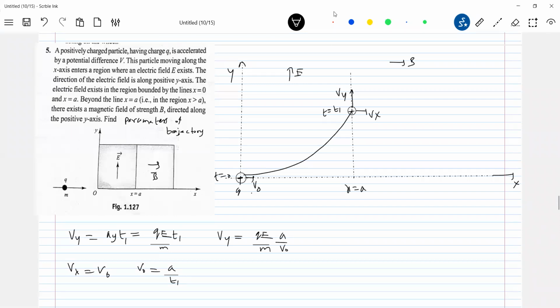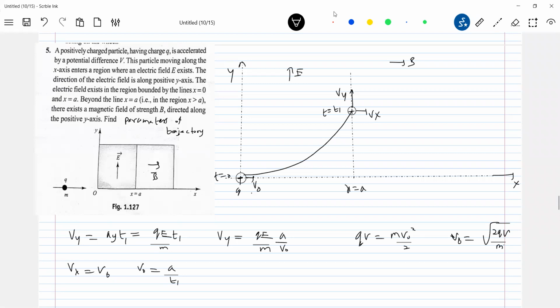He has given potential difference. So qV should be equal to half mv square. Because when it passes through a potential difference, it will gain kinetic energy. So what is V naught equal to again? 2qV by m.